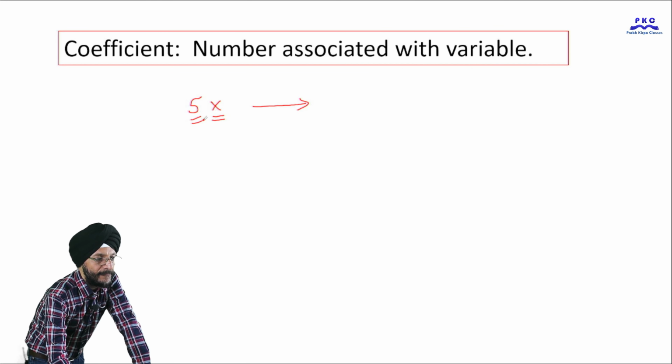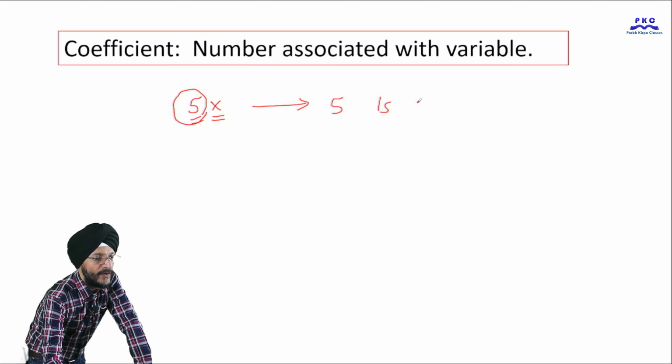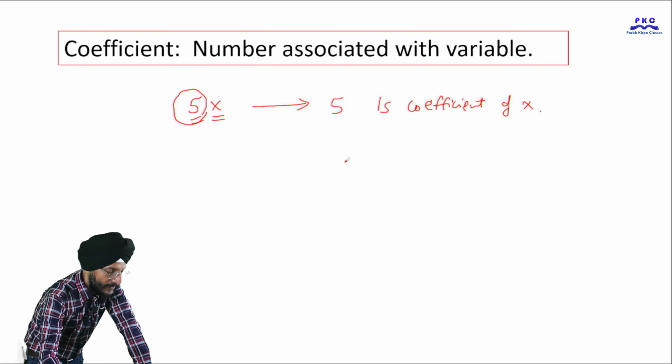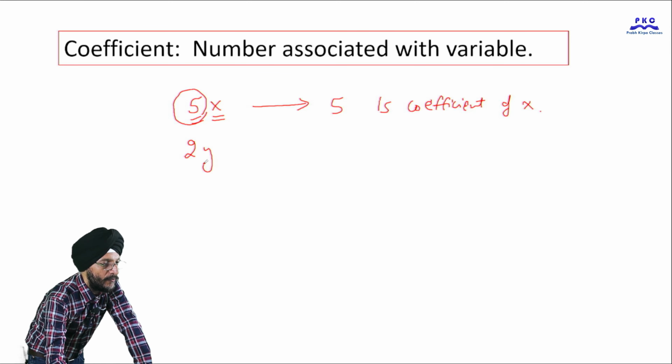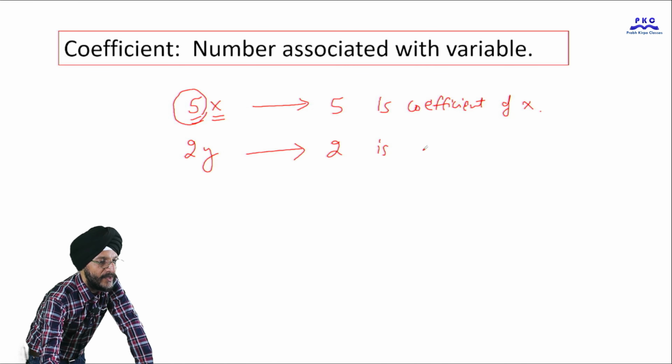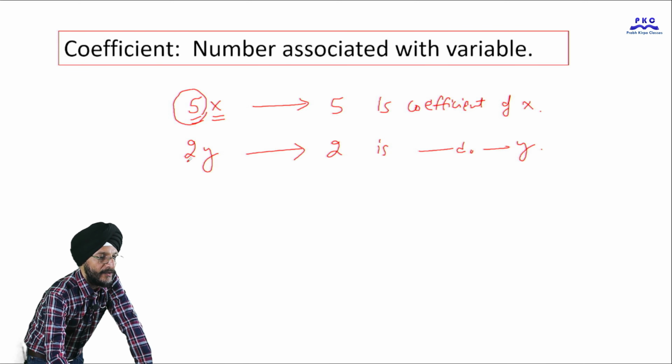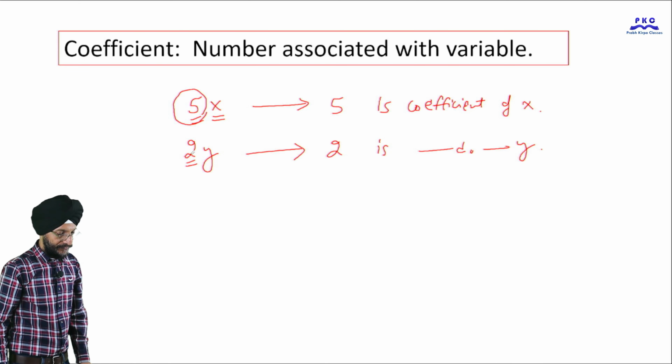The number which is attached with the variable x, 5, is the coefficient of x. So if we write 2y, here 2 is the coefficient of y.